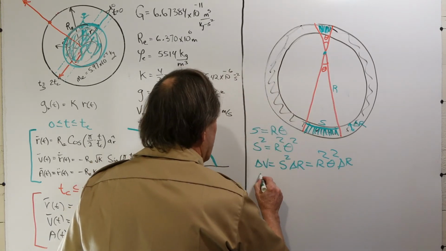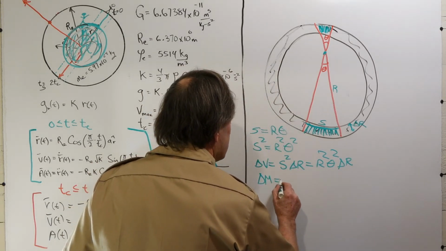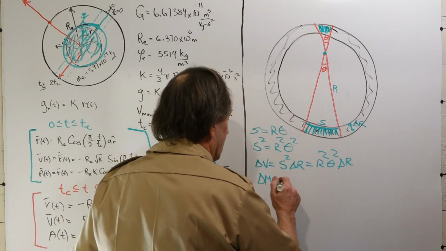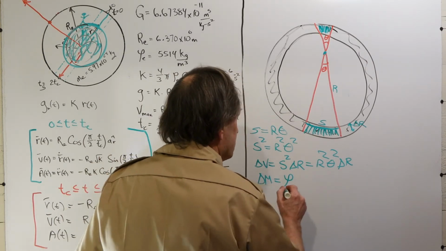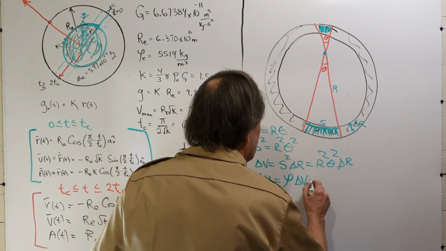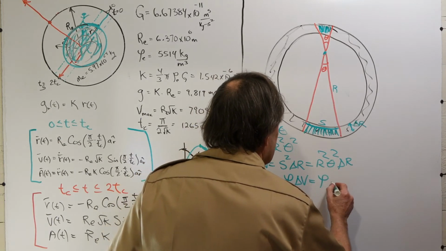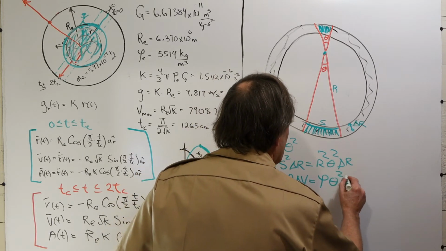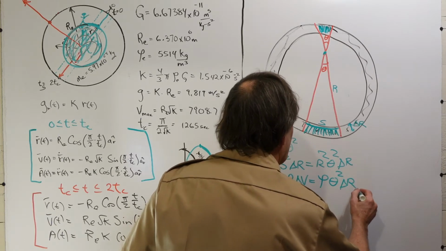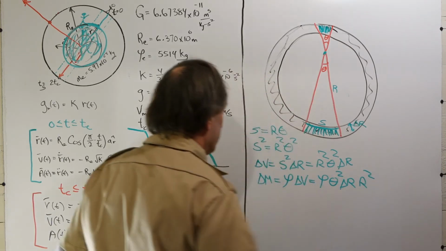The amount of mass that we see, the delta mass, would be just the density times the volume, or rho r squared theta squared delta r.